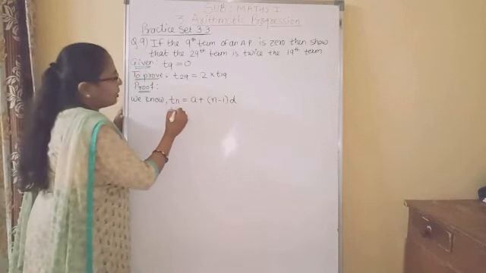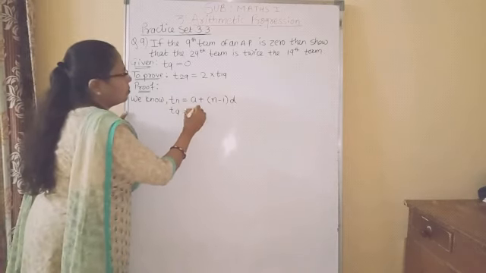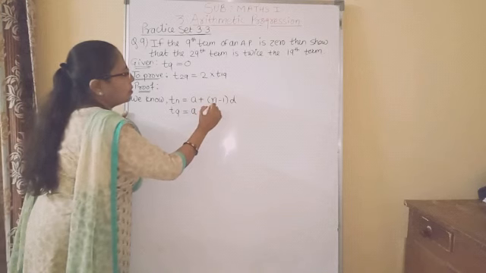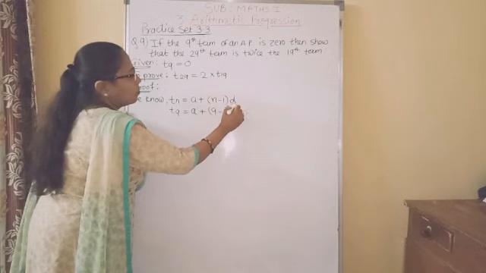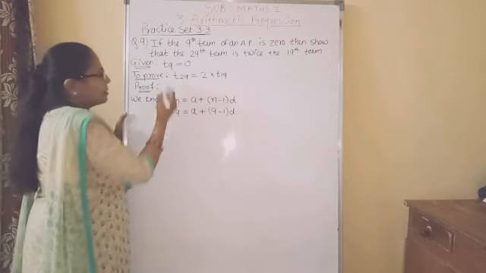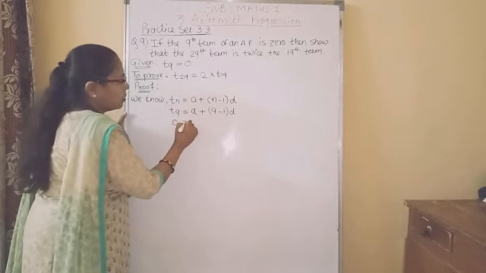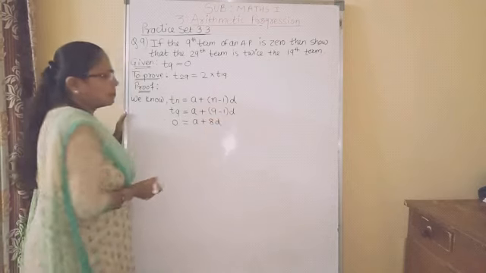So here we will find 9th term. T9 equal to A plus, n is equal to 9, so 9 minus 1 into D. Therefore, now the 9th term is given 0. So 0 equal to A plus 8D.